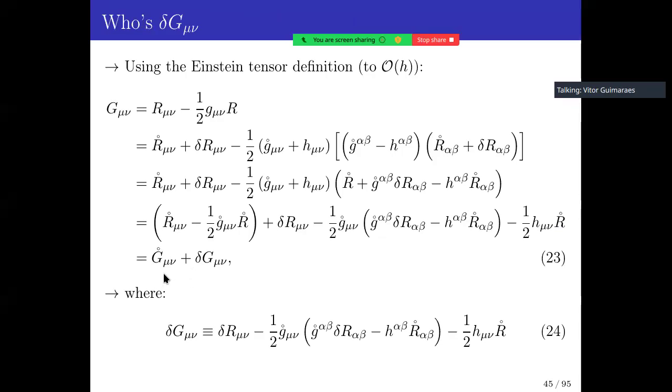So we would have to solve the Einstein equation for the background metric first to know who the Ricci tensor and the Ricci scalar are, and so on, and then substitute them into this expression to compute the perturbed Einstein equations.